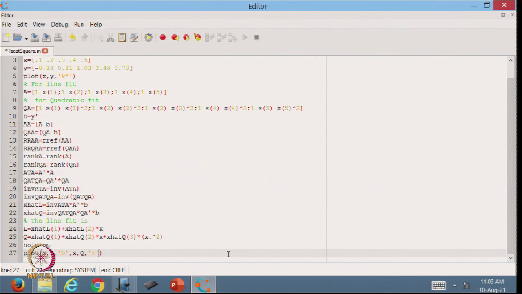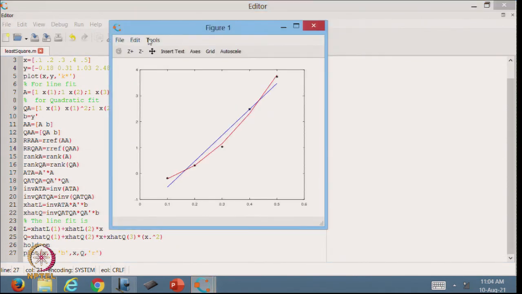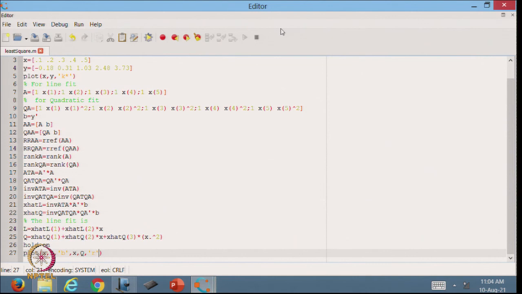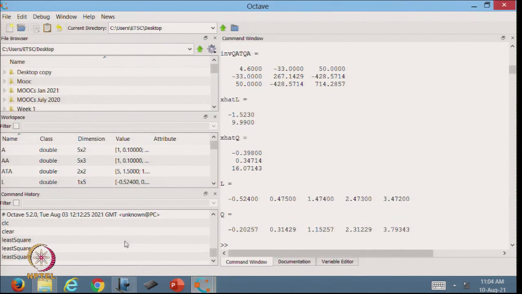So, this is what I am doing here. Let us save this one and then run this. First I will check these things.